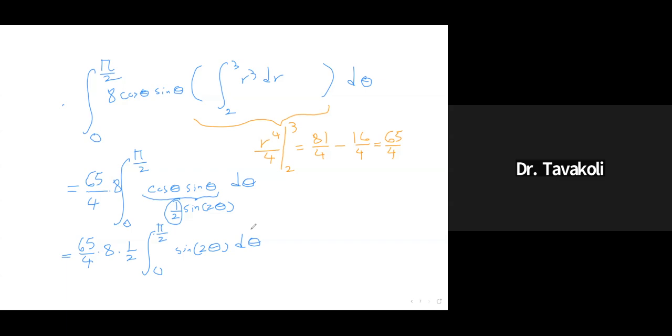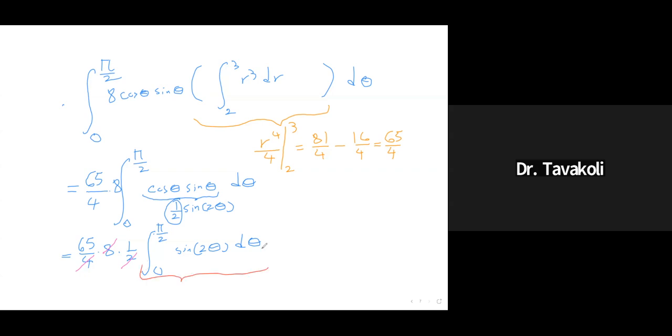Then these numbers, 8 over 4 times 2, it's 8 over 8. They cancel out. So I just have 65 out of this integral. And let's calculate this integral.